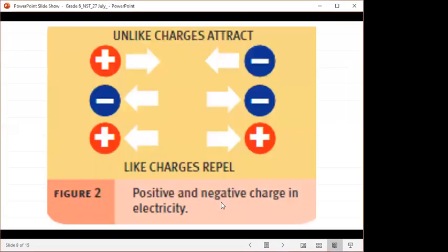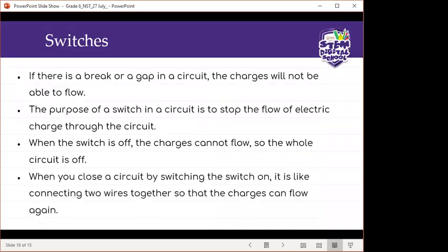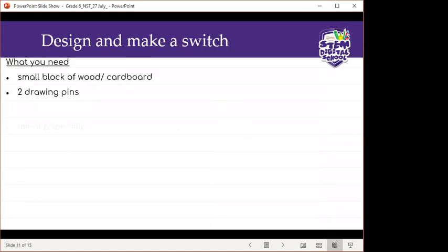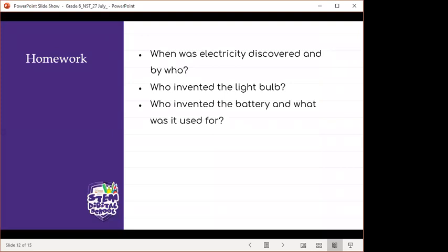All right, so 5 minutes left. It seems like we'll continue with switches as well as light bulbs tomorrow. And guys, here is your homework. I need you to share with us tomorrow in class, when was electricity discovered and by who?